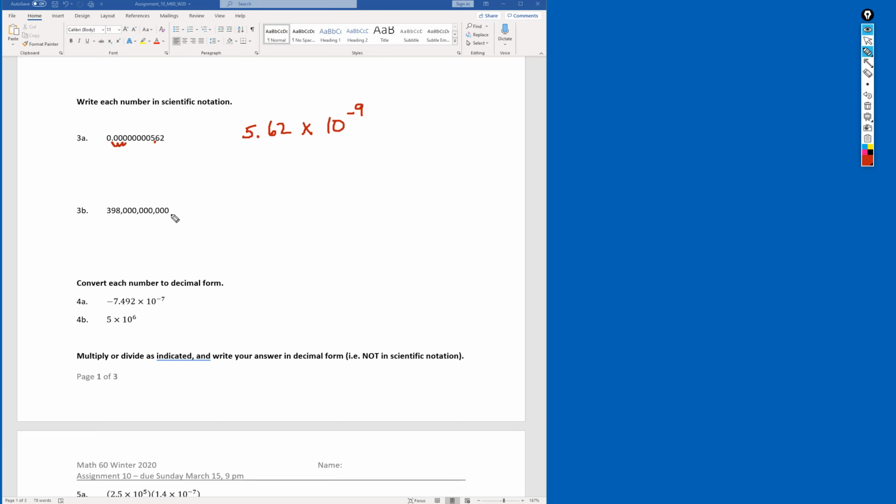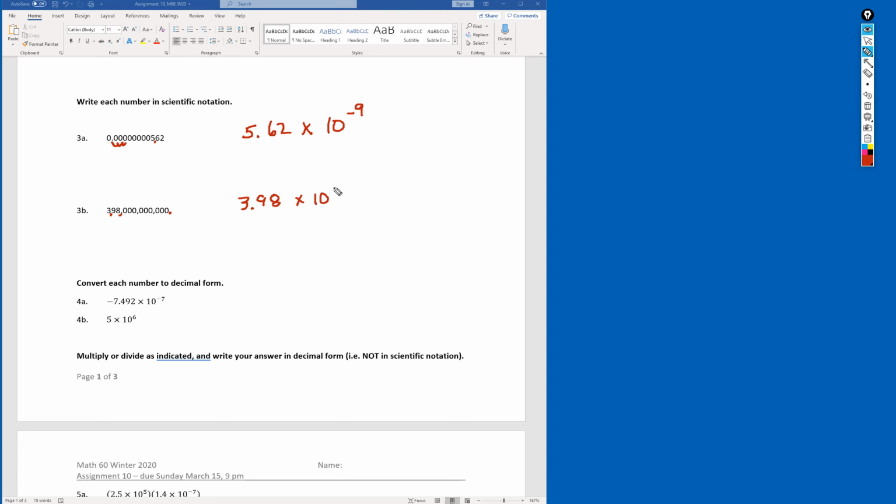Okay. On this one, the decimal starts here. It has to end up here. Okay, it's got to be 3.98. All right, and then 10 to the what? Well, we know it's going to be a positive exponent because this is a very big number. So just count. 1, 2, 3, 4, 5, 6, 7, 8, 9, 10, 11.